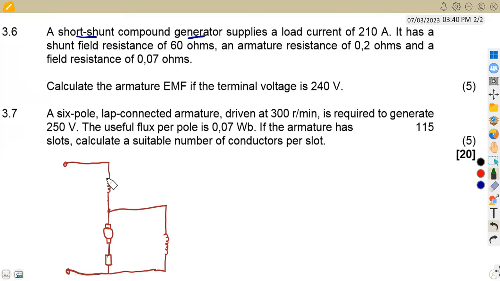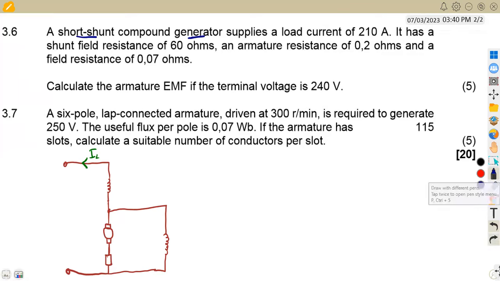So a generator is giving out the current, and the current at the load is going out like this. It gives out the load current, which is opposite to a motor. A motor takes in the current.